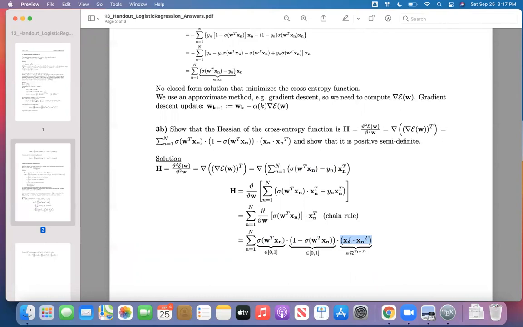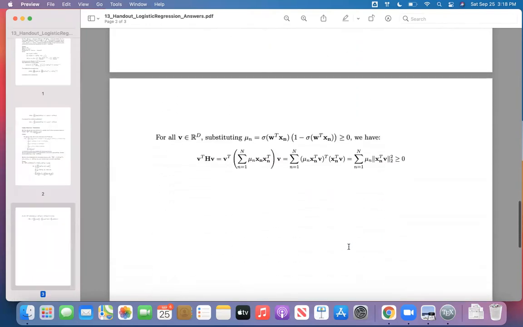The result of this is a matrix because the dimensionality of a single sample xn is d times 1. The dimensionality of its transpose is 1 times d. Therefore, the multiplication of these two results in a d by d matrix. So we need to show that this d by d matrix is positive semi-definite.